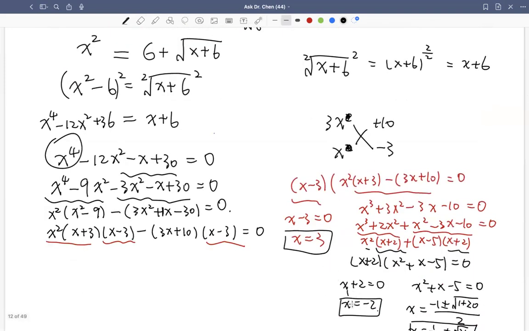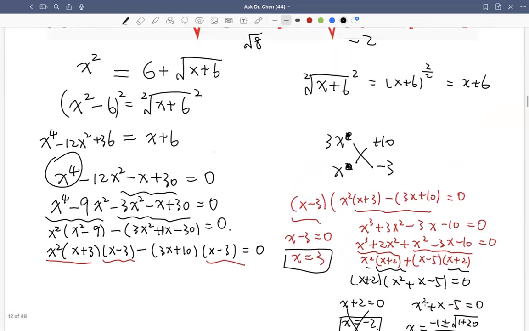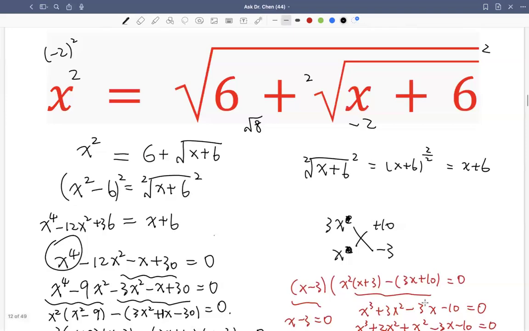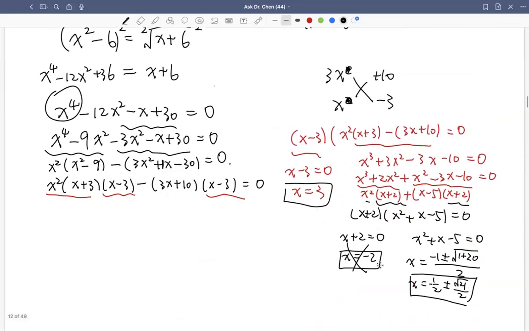So negative 2 is an extraneous solution, and we reject this. Maybe we'll try negative one half too. These two should be extraneous roots also.